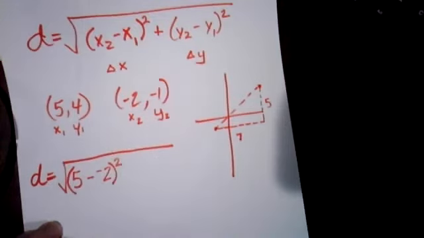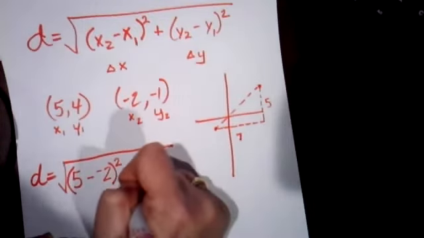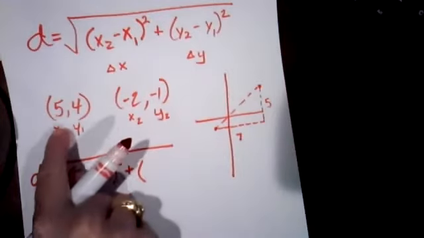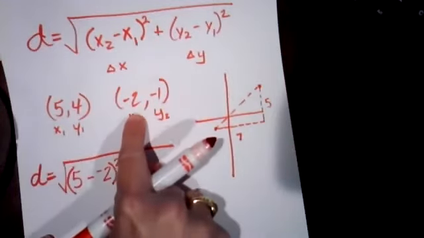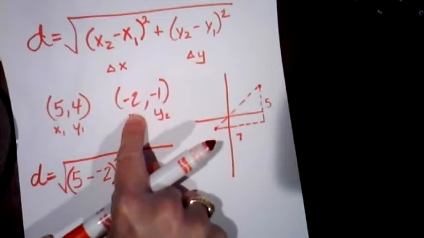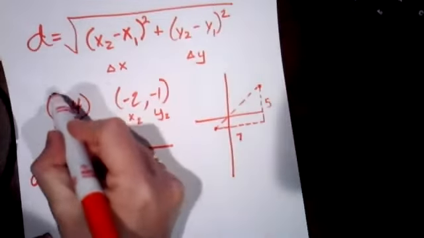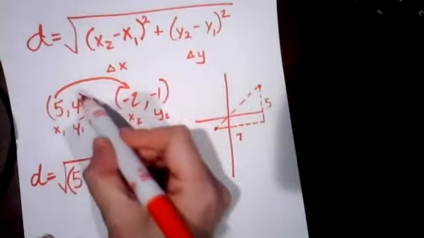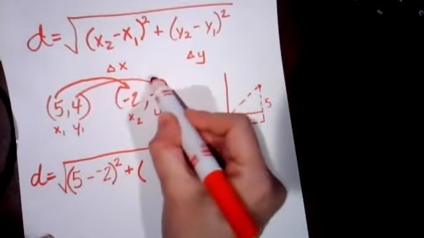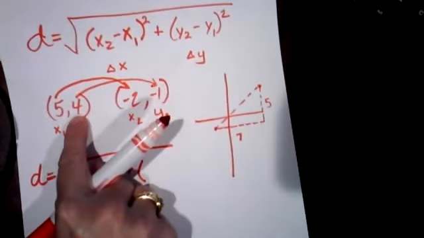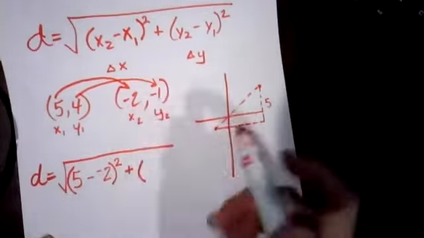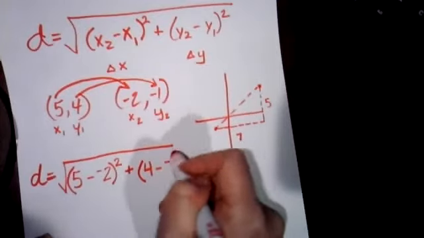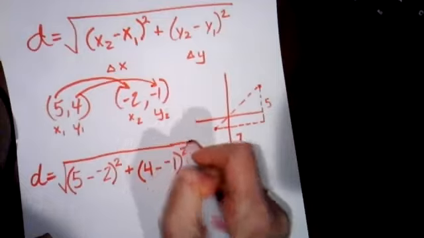Squared, plus, and we're going to do our y's. You see how we did 5 minus a negative 2? You've got to go in the same direction. So if we went this direction, we do the same direction: 4 minus a negative 1. We're going to square that.